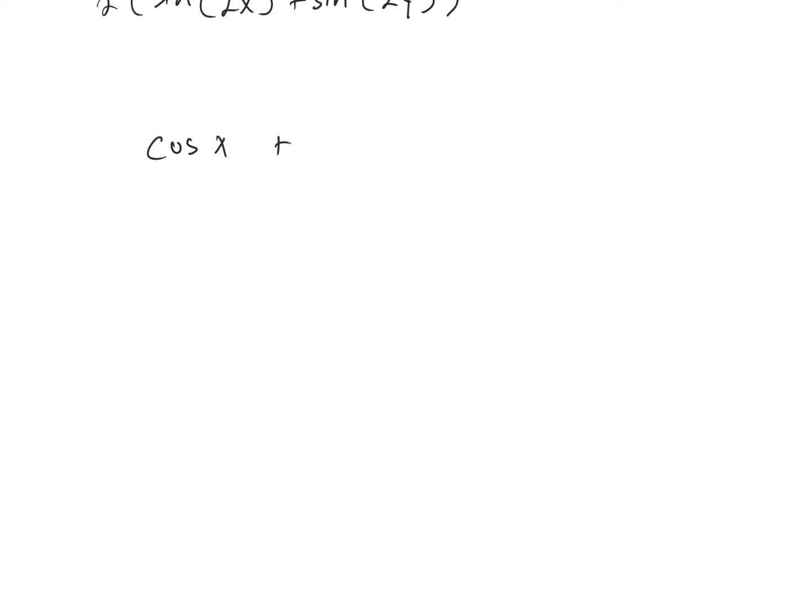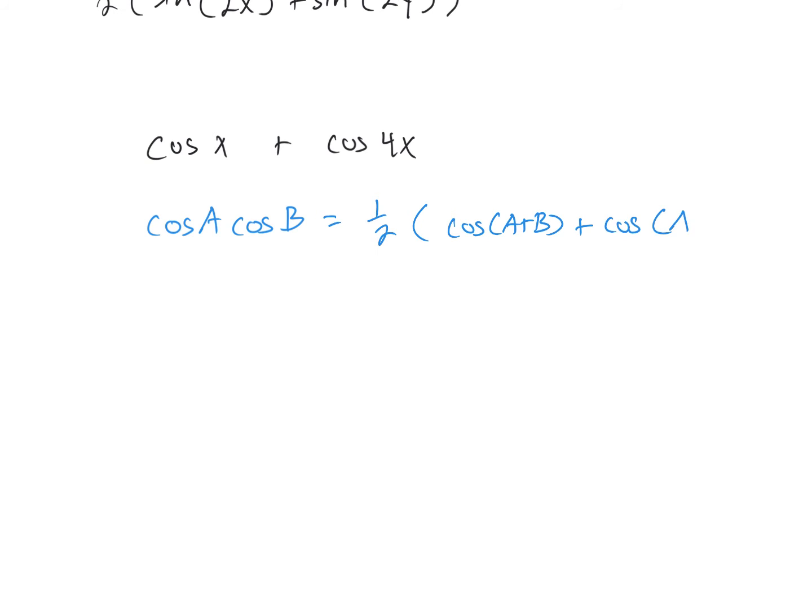Let's say we have cosine of x plus cosine of 4x, and we want to know what that product identity is. So I know cosine of x plus a cosine is similar to cosine of A times cosine of B equals 1/2 times cosine of A plus B plus cosine of A minus B. Okay, I noticed that there's a 1/2 here, but there isn't a 1/2 multiplying here.